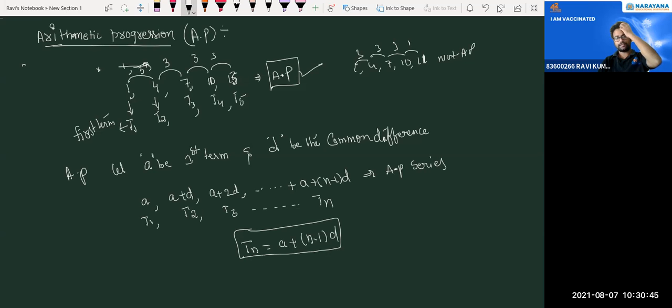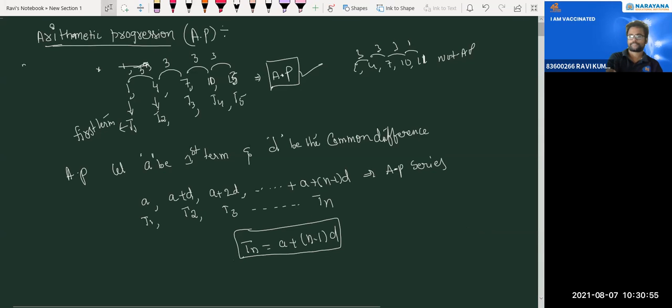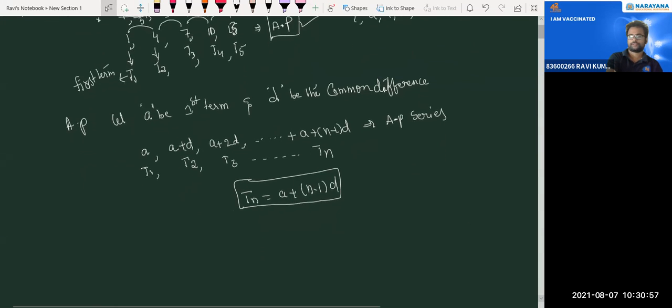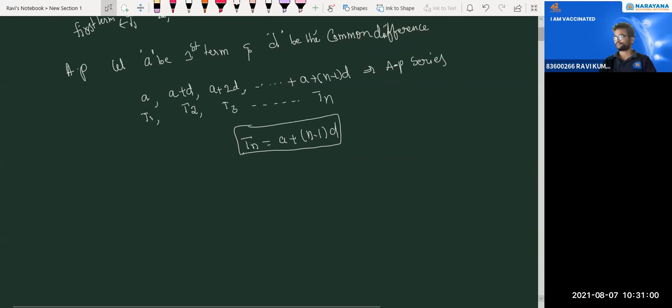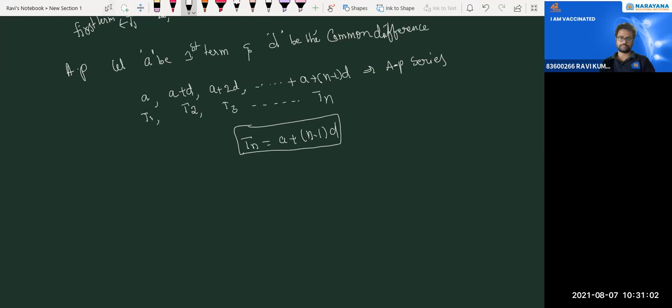Now, the main thing in arithmetic progressions is that we are going to find the nth term and the sum of n terms. a, a plus d, and so on, up to a plus (n minus 1) into d.